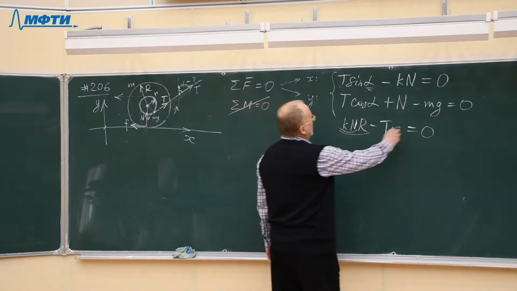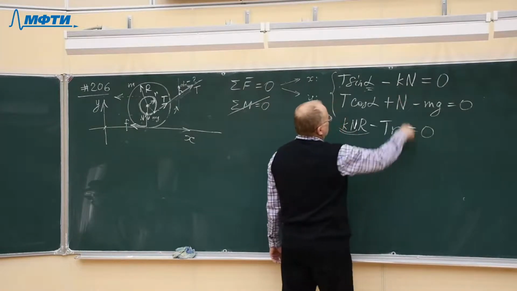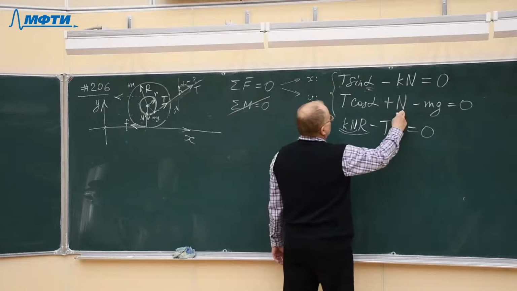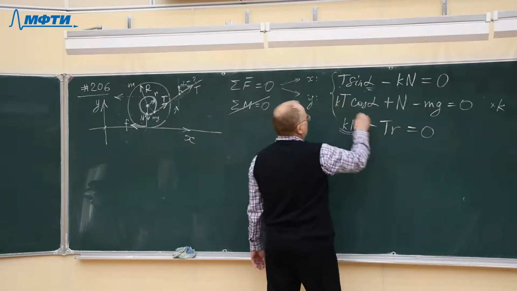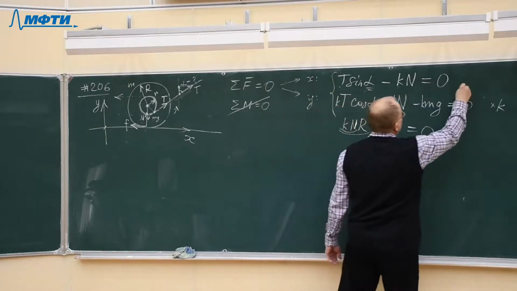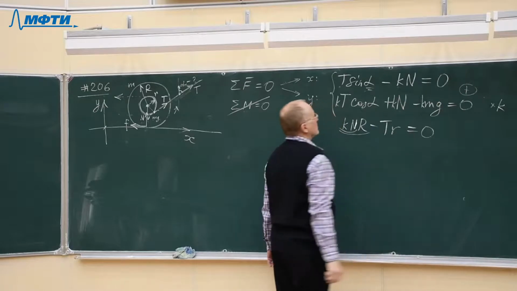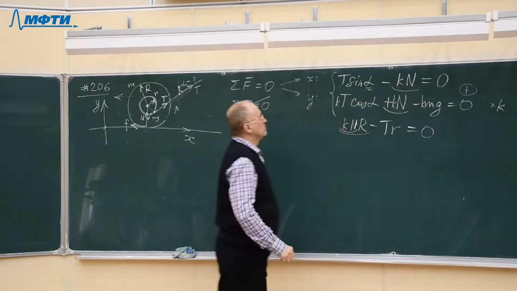Well, again, we don't need N here. We can get rid of N. For this purpose, we will multiply this equation by k, and then add the first one and the second one, so that this term will cancel with this term.